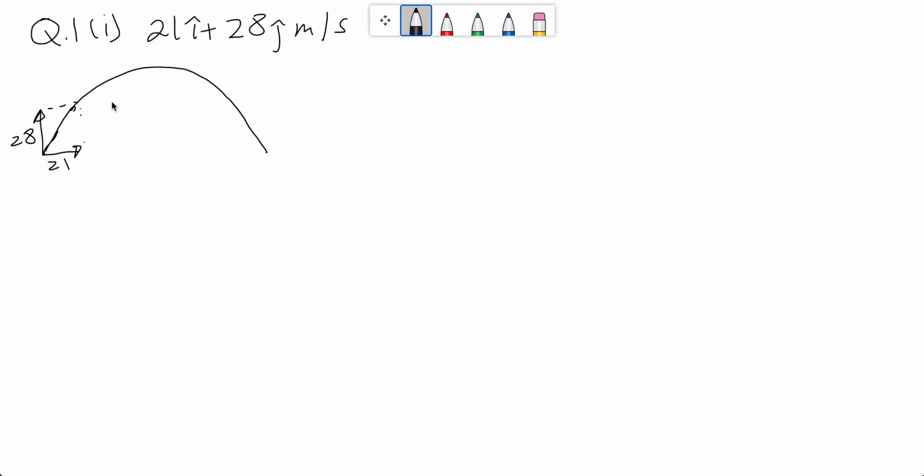So this means that because the up direction is positive, we're going to set that up, and we'll always do that. The acceleration, minus g, is down. Now, that means that at every point along this, it will have a particular velocity all the way along.